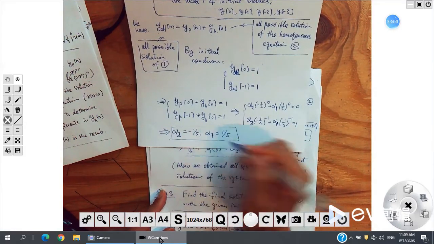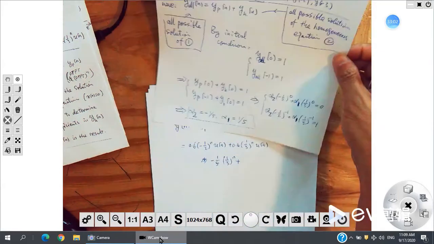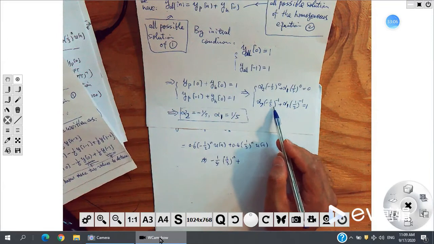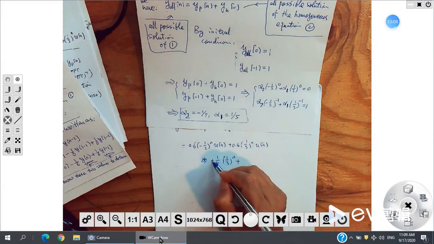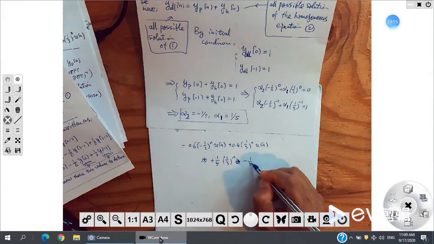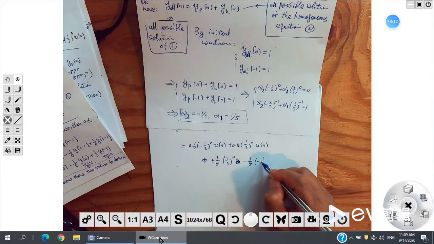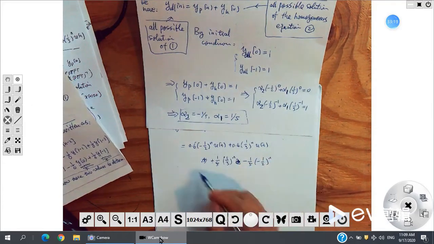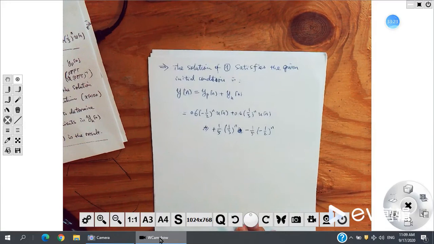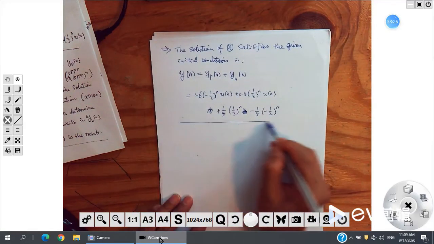Now it's good. Then our answer: alpha 1 is related with 1/3 and is positive, and alpha 2 is minus 1/5, related with negative 1/2 to the n. So we have the final answer is this one. Alright, we are done.